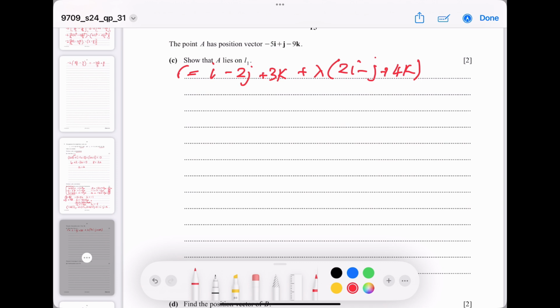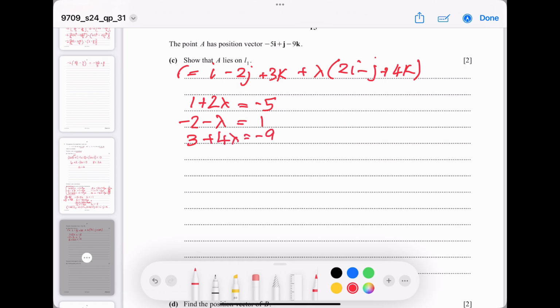So if it does lie on there, then we should find that we would have the same value of lambda for each of the parametric equations. So 1 plus 2 lambda would equal negative 5. Negative 2 minus lambda would equal 1. And 3 plus 4 lambda would equal negative 9.